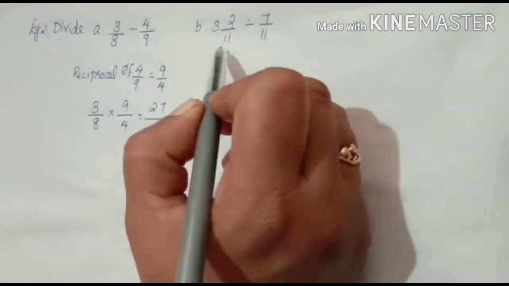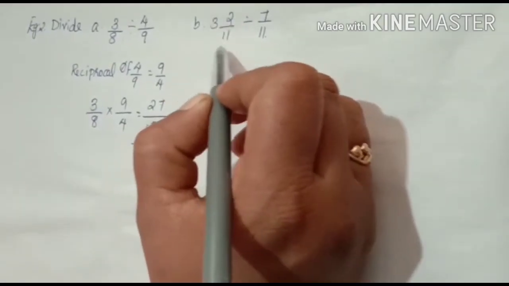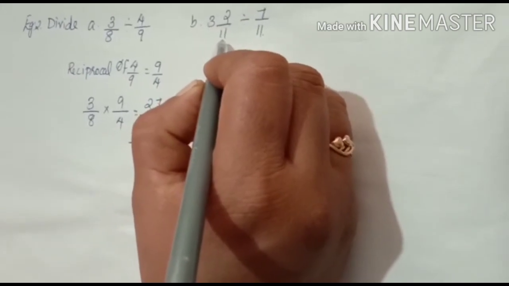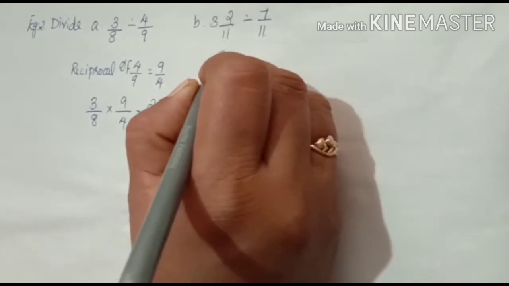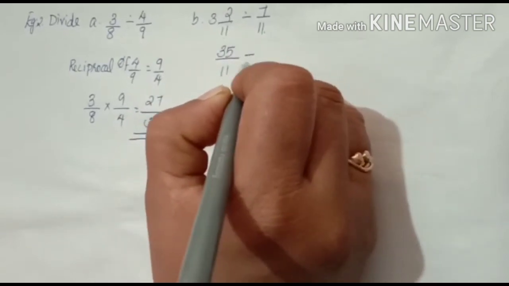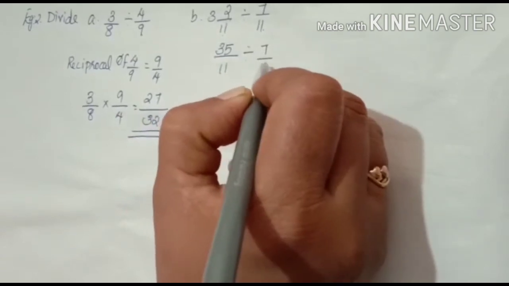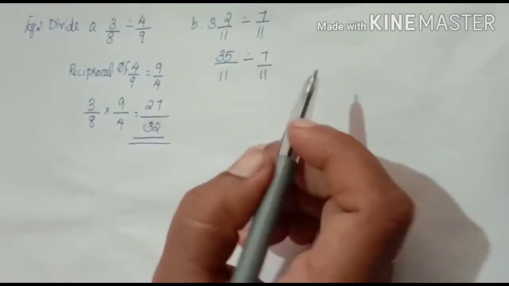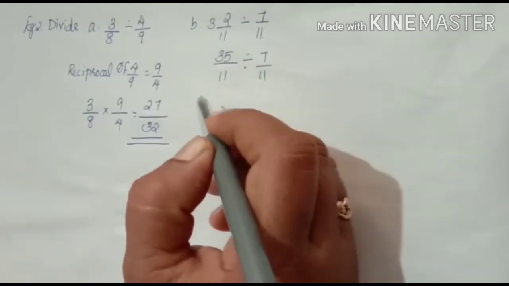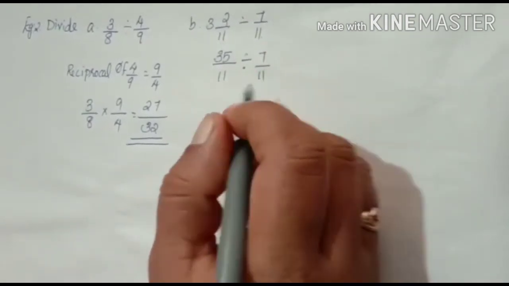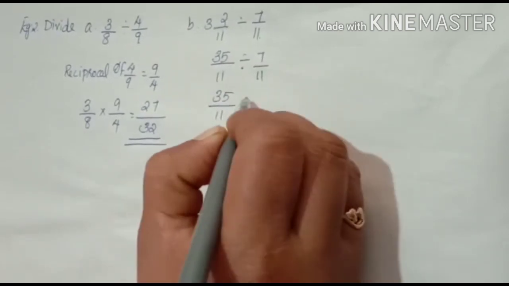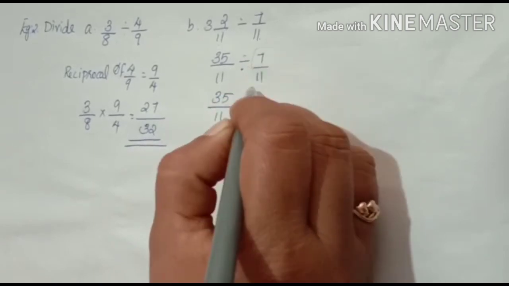Next, first we have to convert this mixed fraction into improper fraction. 3 into 11 equals 33. 33 plus 2 equals 35. 35 by 11 divided by 7 by 11. To divide 35 by 11 by 7 by 11, we should multiply 35 by 11 into the reciprocal of 7 by 11.